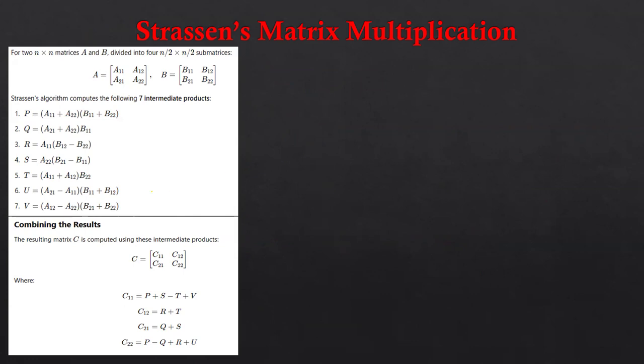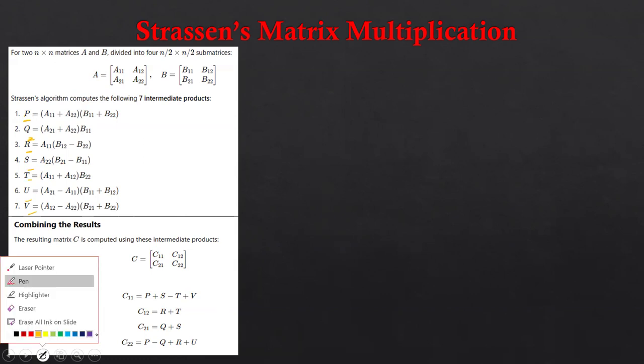There is no special proof for this. These are P, Q, R, S, T, U, V. These 7 equations we need to evaluate, and to get this C matrix, we need to compute these operations.